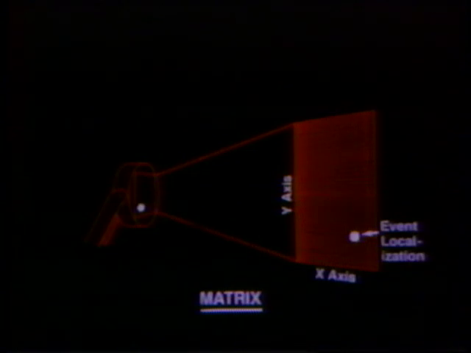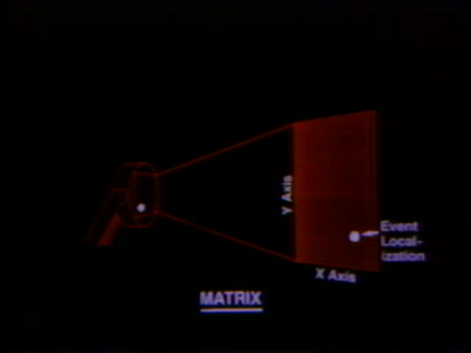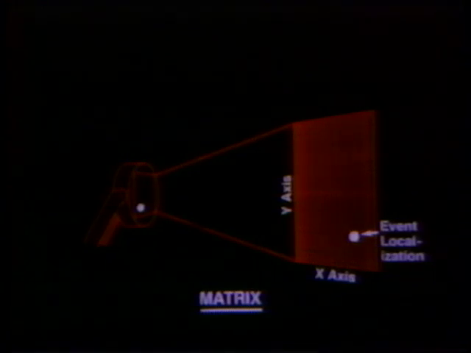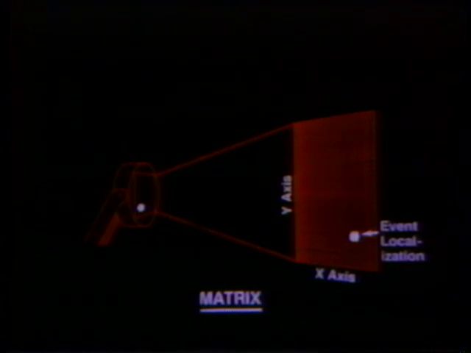And then, as each event strikes the camera, it is placed in the corresponding memory, or matrix location in the computer. This matrix can be thought of as placing a grid over the camera's field of view and placing events in the boxes of the grid depending on where they strike the crystal.